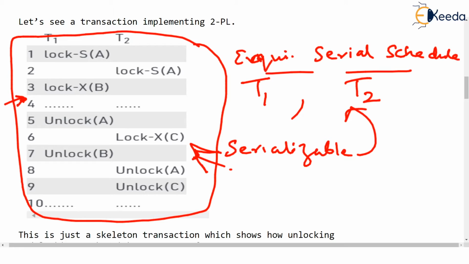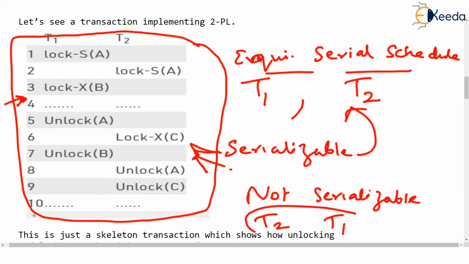Note, it is not serializable with serial schedule T2 followed by T1. Okay, this is also serial schedule, isn't it? T2 can run first, then T1 runs, but it is serializable, equivalent to only this serial schedule because we have written transactions in the increasing order of lock points.